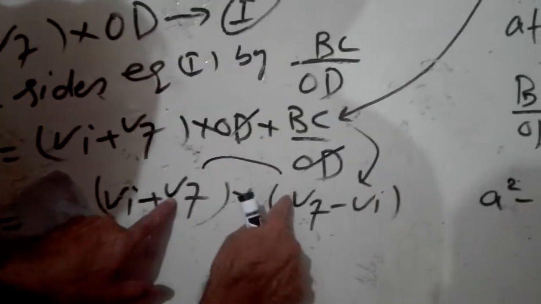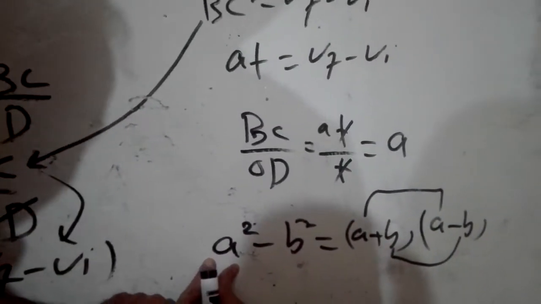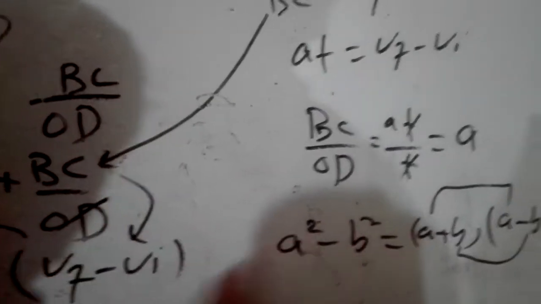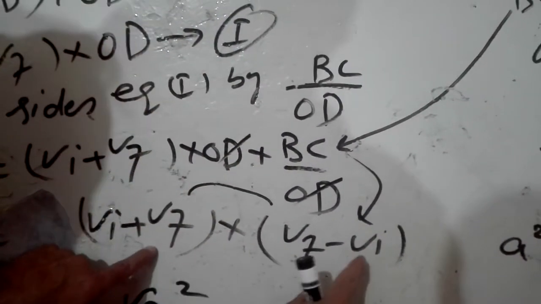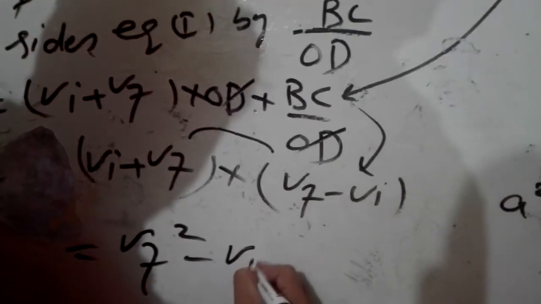The same situation is happening here. So the first term will be squared when you solve it. Instead of multiplying, you can use this formula. The first term is VF, so I will write the square of VF according to this formula, and then the minus sign comes, B square, where B is the second term. What is the second term here? VI. So the square of VI. So in this way you have proved this.